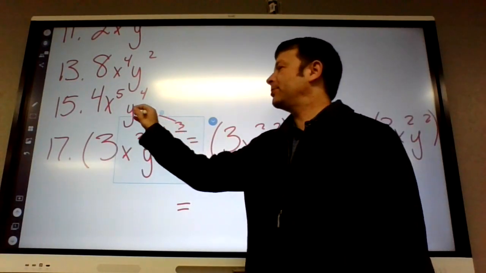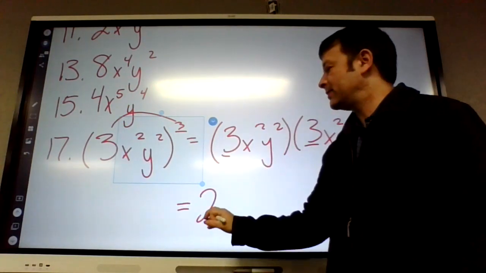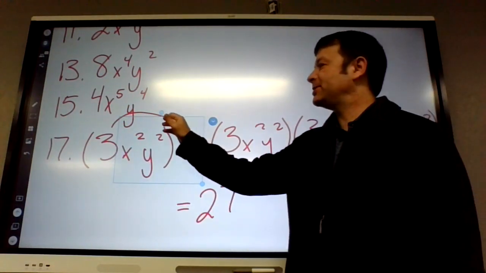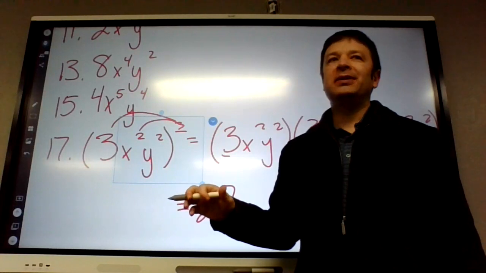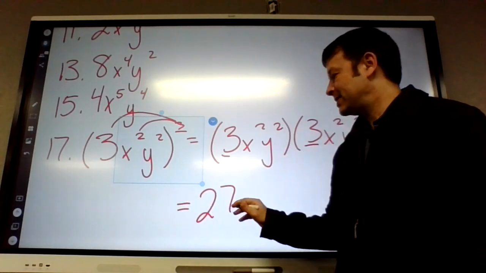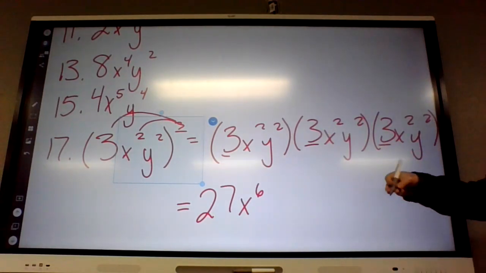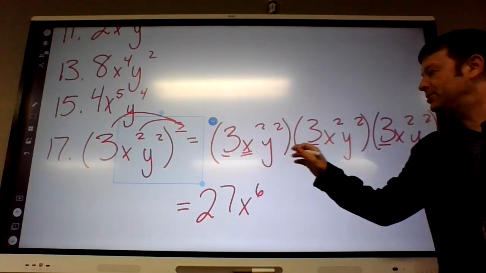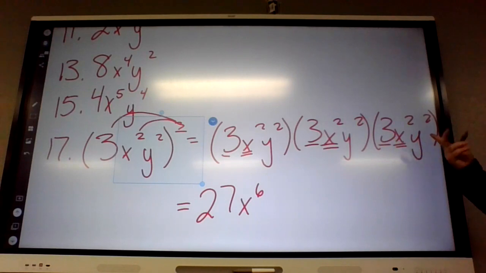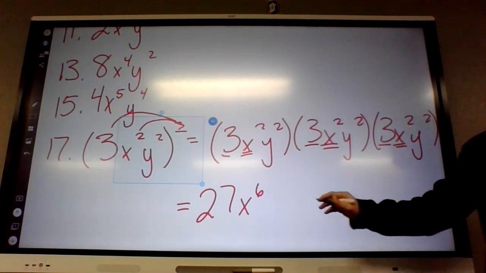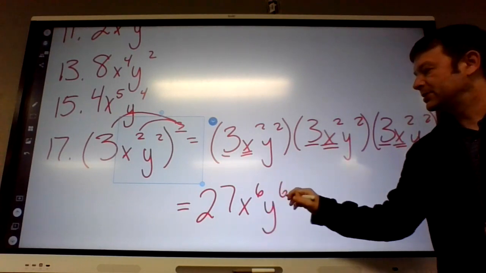So you just cube the 3 like normal, so it is 27. Okay, we talked about this earlier. X to the 6th. So power to a power is multiplied. Because how many x's do I have over here? 2, 2, 2. So we got 6. And then same thing with the y's. Y to the 6th.